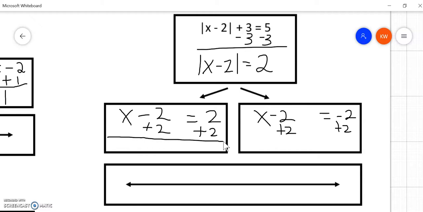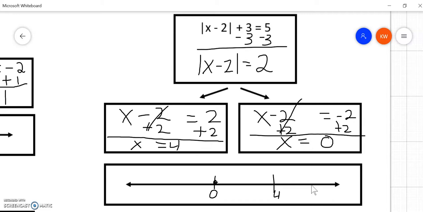Alrighty, so over here, x is now by itself because these twos cancel out. And that equals a +4 for our answer. Over here, these two cancel out. And that leaves me with x equaling a 0. So I have two solutions. One of them is 0, and the other one is 4.